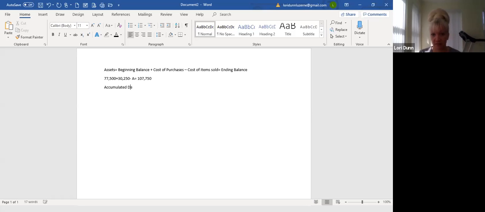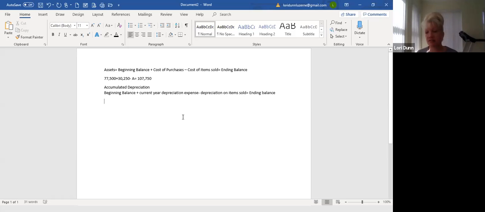Because we always add the current year depreciation expense, minus depreciation on items sold should equal our ending balance. So if any item was sold during the year, I'm going to run through an example and show you what I'm talking about. If any item was sold during the year, we would have decreased accumulated depreciation.